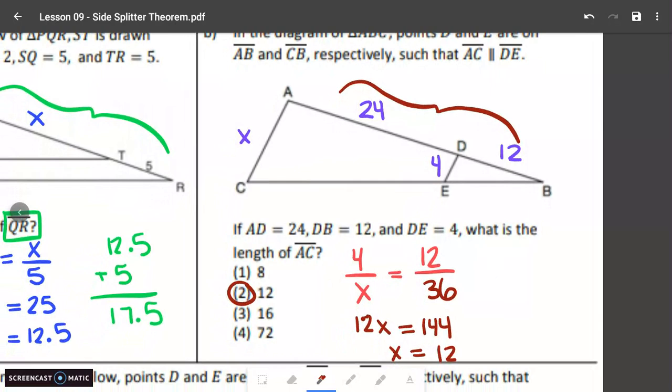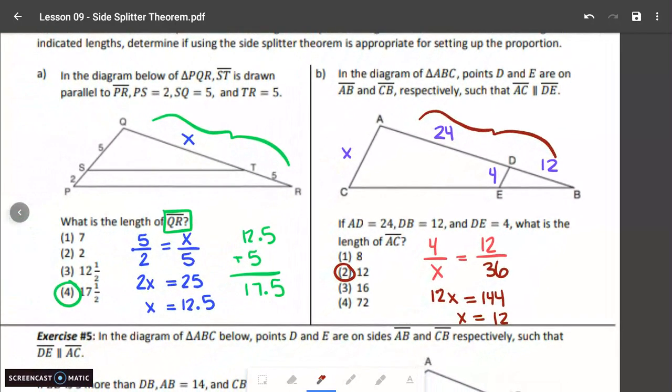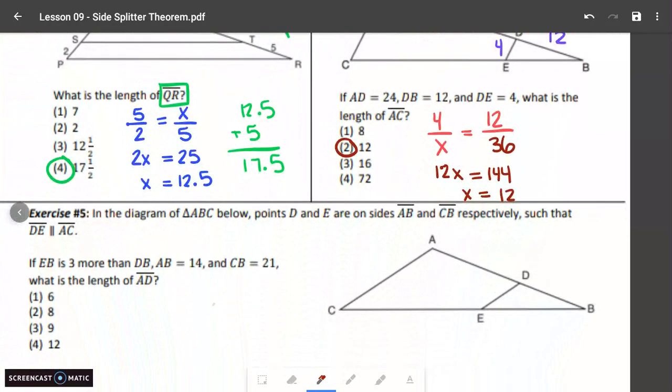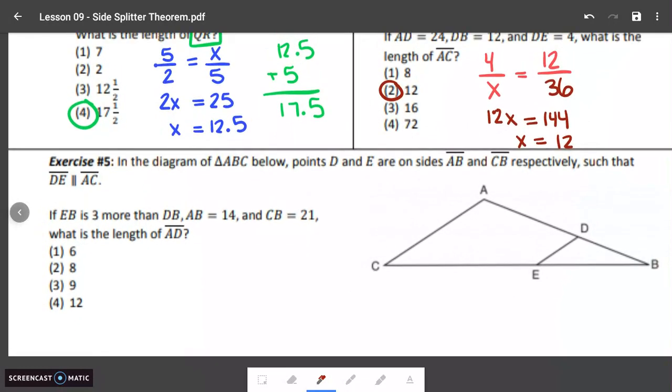Now your proportion may look slightly different, but as long as you use 36 and set up the corresponding pieces appropriately, you would end up with 12x equal to 144, and that's going to have x equal to 12. So in these cases, both Regents questions want us to be taking our time to make sure we don't make any silly mistakes.